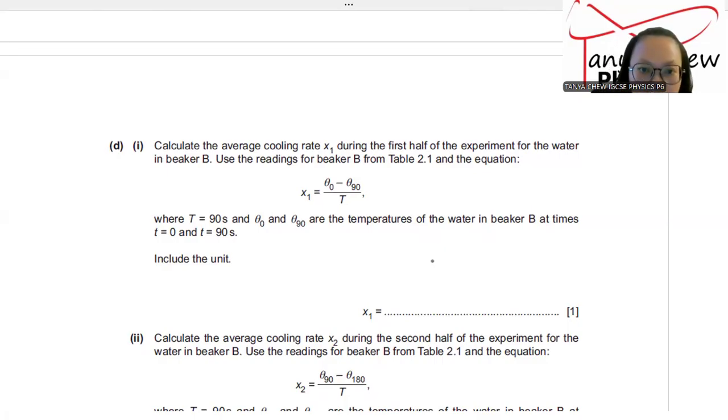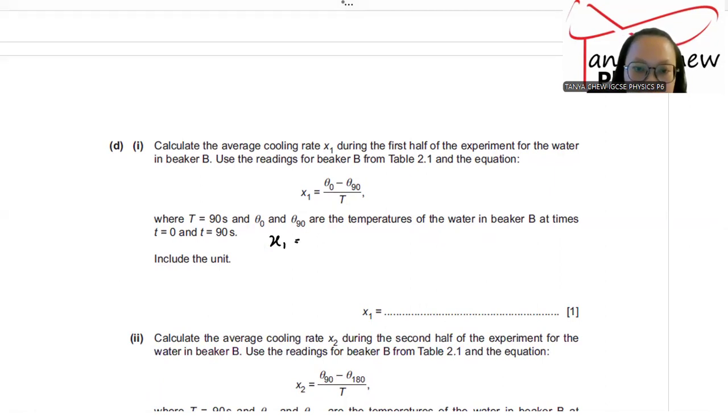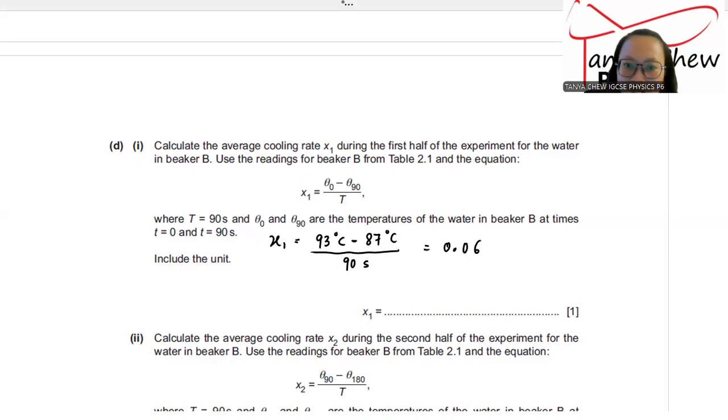This is from beaker B. So X1 is equal to theta 0, 93 degrees Celsius, minus 87 degrees Celsius, which is at 90 seconds, and this is over 90 seconds. So I get 0.067 degrees Celsius per second, because theta is measured in degrees Celsius and the time is measured in seconds.